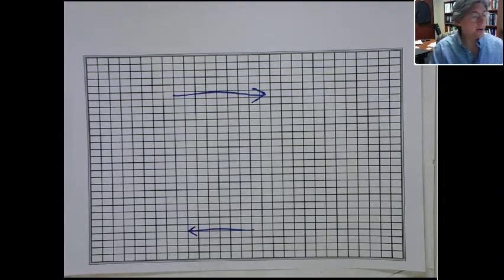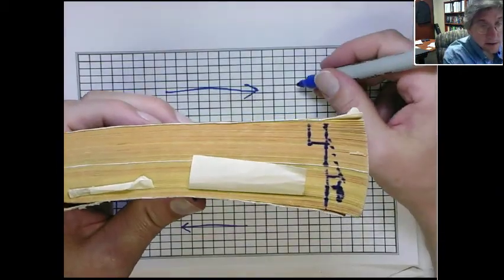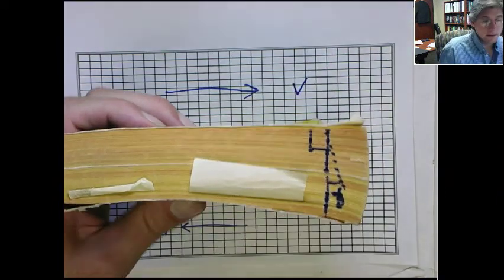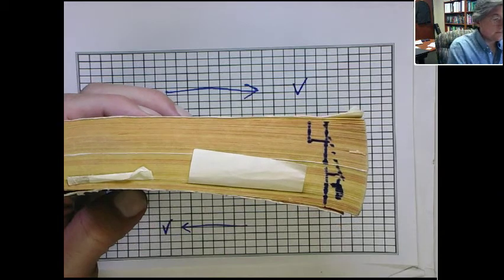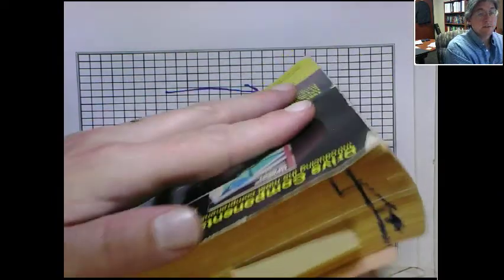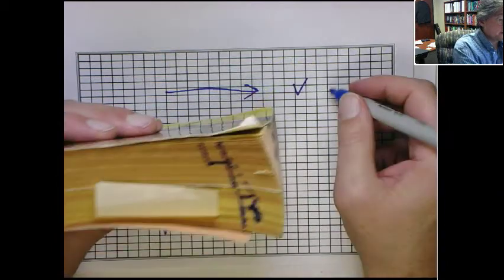So I'm putting a force on here, V. V divided by the surface area that it's applied on, that's the area of the top of the book, gives me a shear stress.